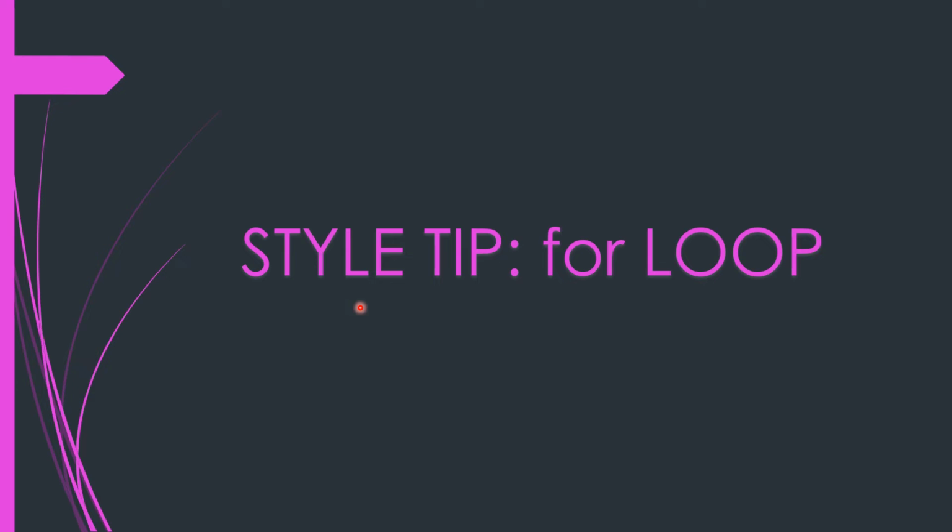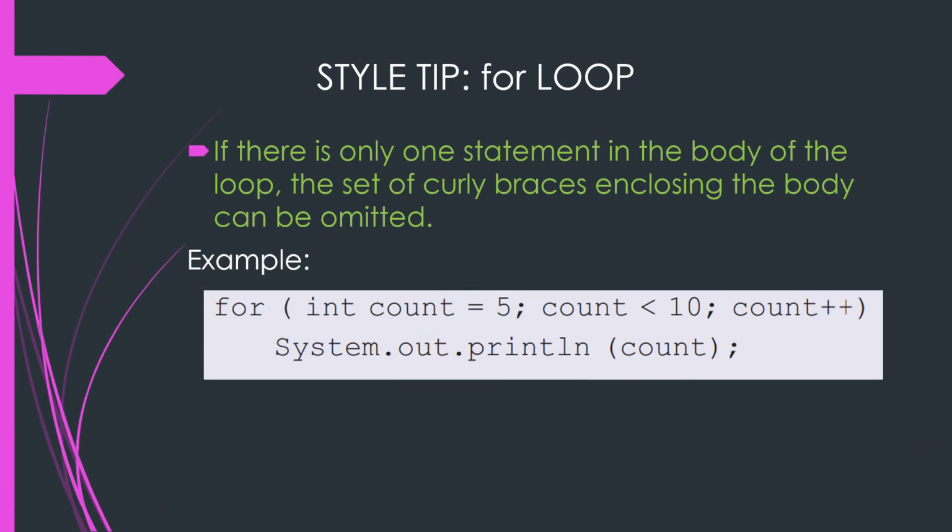Now let us discuss some of the style tips of the for loop. First is, if there is only one statement in the body of the loop, the set of curly braces enclosing the body can be omitted.